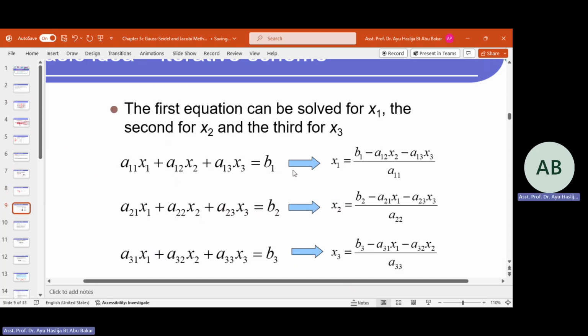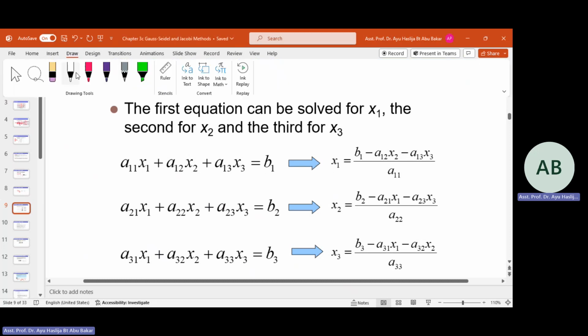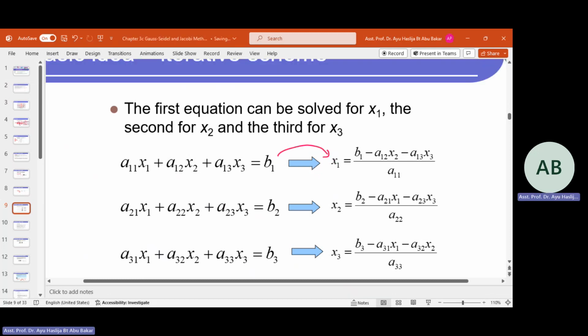Now, for iterative, we need to rearrange each equation for its unknown. Equation 1 refers to x1 only, so you need to rearrange to get x1. Equation 2 only focuses on x2. Equation 3, x3.